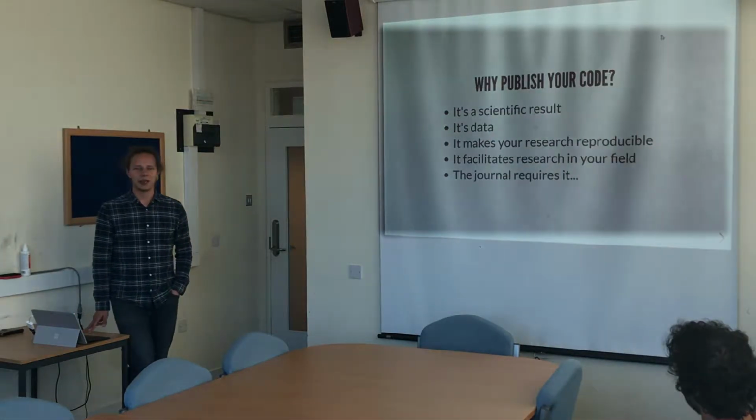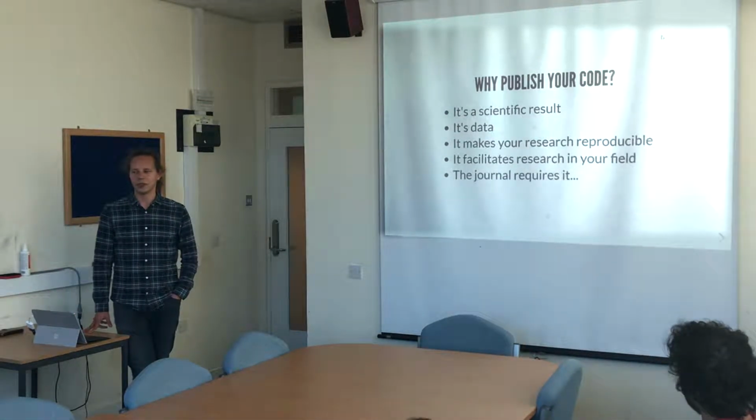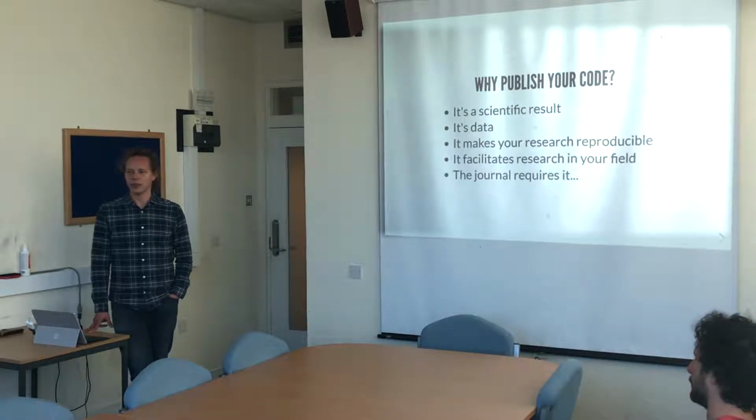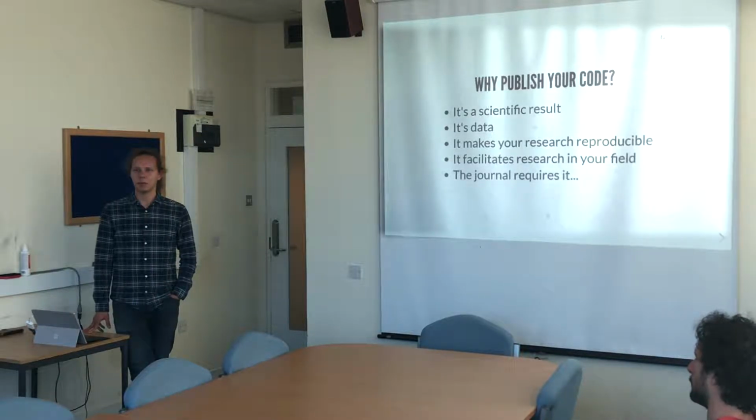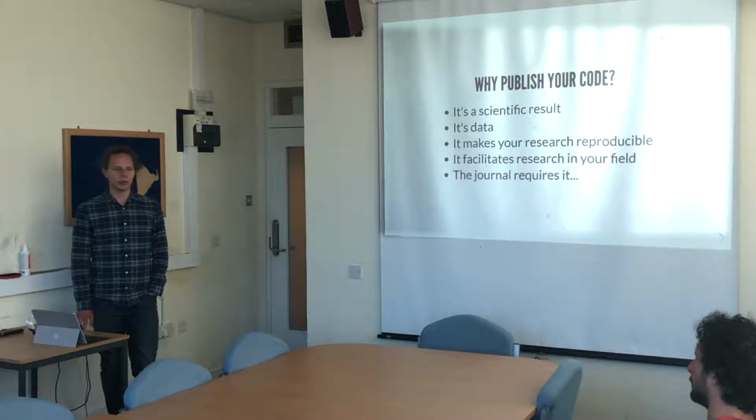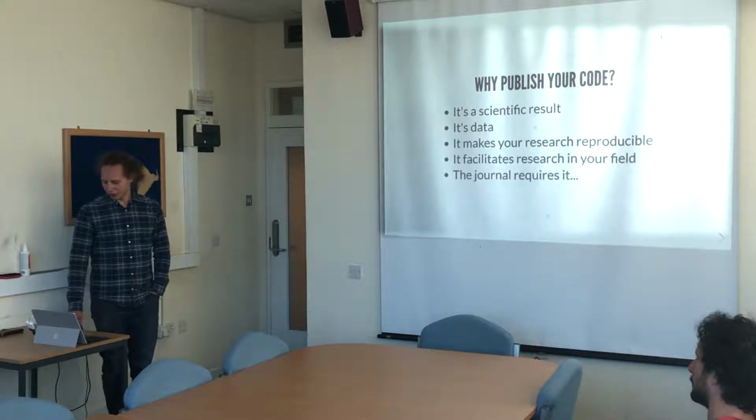And of course, in many cases, the journal starts to require you to publish the source, or your funding source, or your university, at some point requires you to publish your source code. And at that point, at the latest, you want to think about how you're actually going to achieve that.